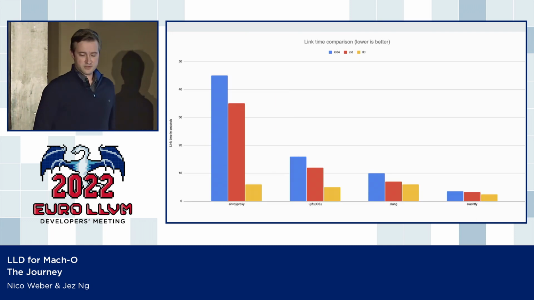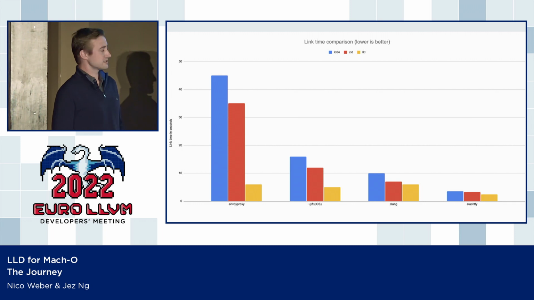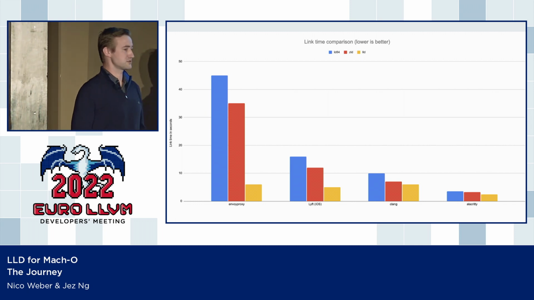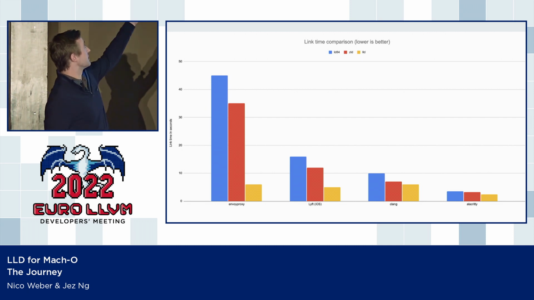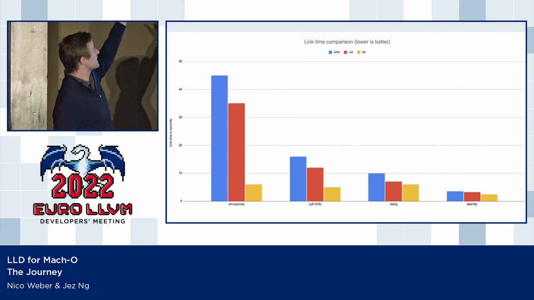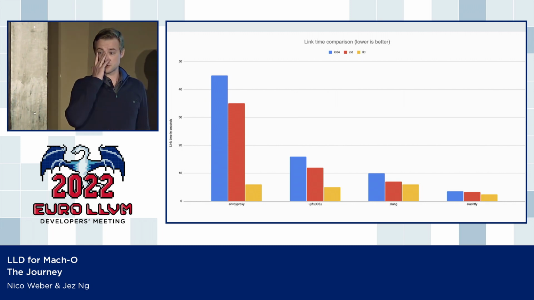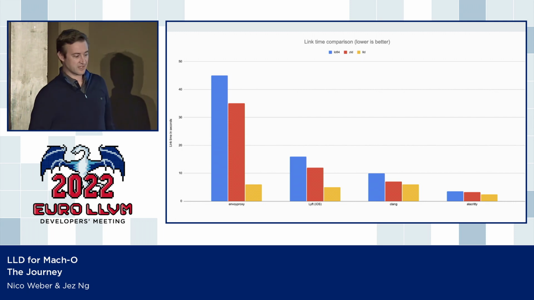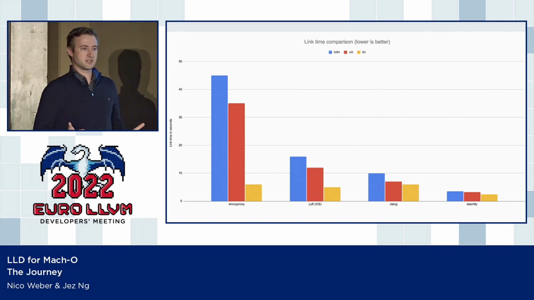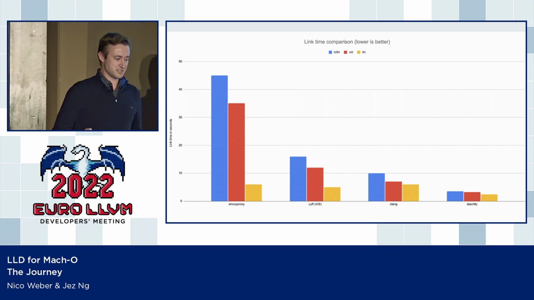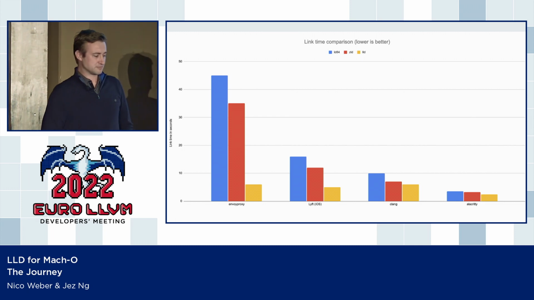And this is not just in Chrome, this is data that Keith Smiley at Lyft collected. This is linking Envoy proxy, which is a mesh service proxy. There we go from 45-ish seconds with LD64 to maybe 6 seconds. That's like 8 times, so getting close to the 10x win there. And the bigger your binary is, the bigger the win usually is, and the more C++ you use, the bigger the win usually is, I think.